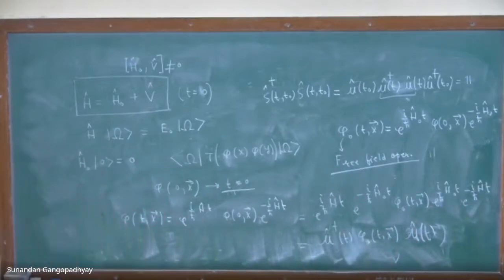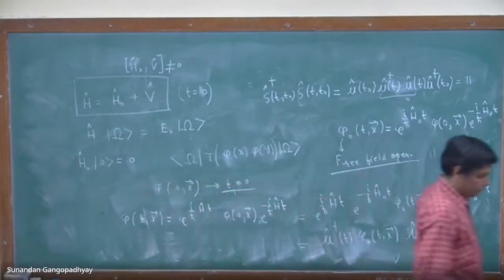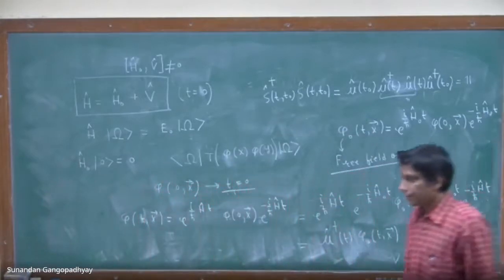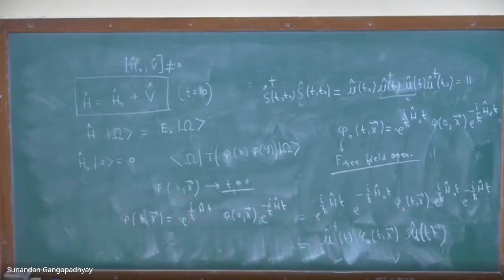So now you can see what this phi t comma x is related to in this way. And this makes our life simple, and we shall see how it makes our life simple.